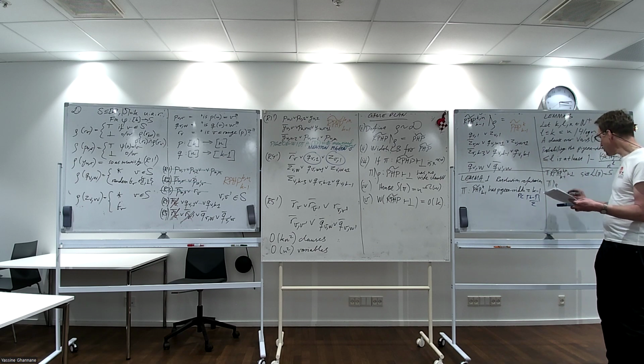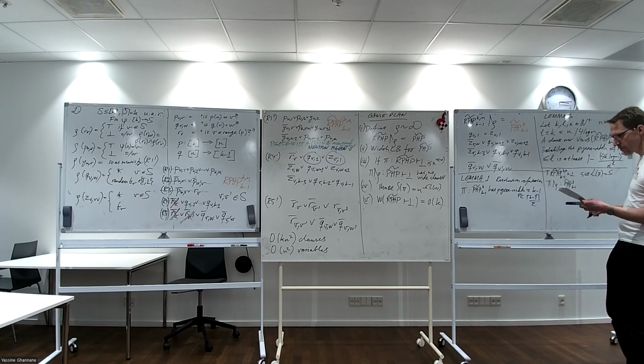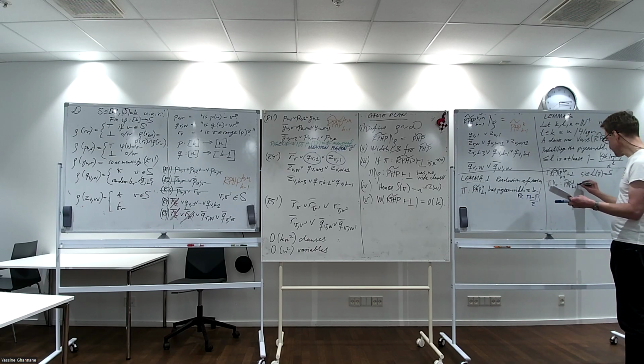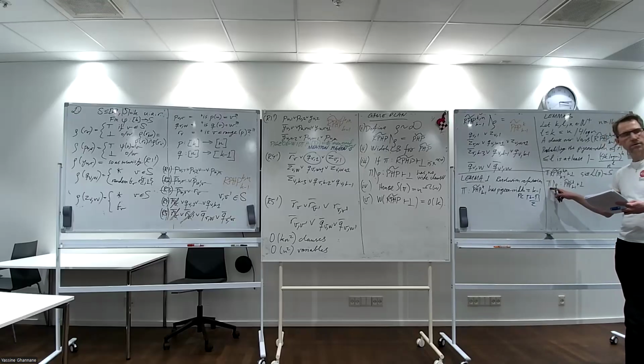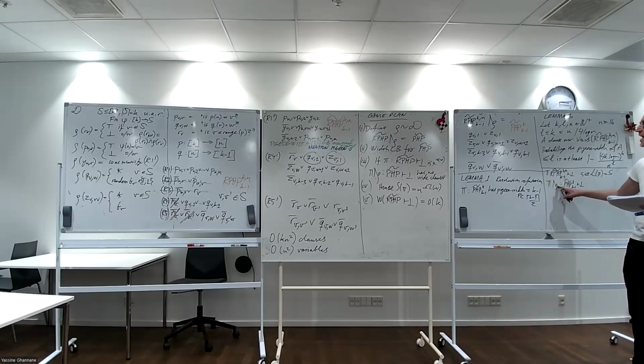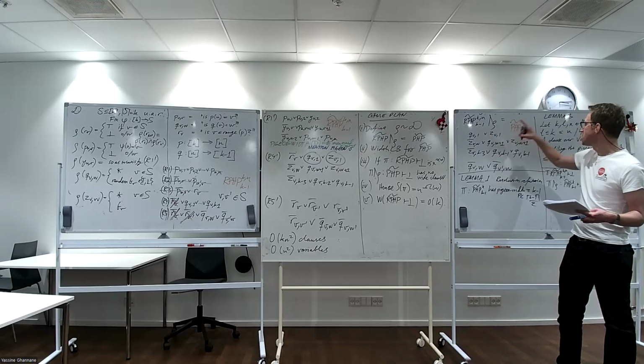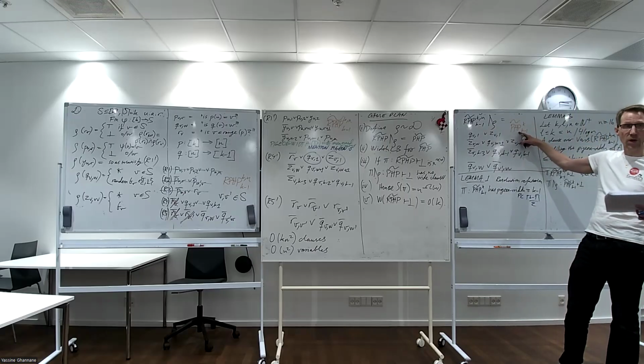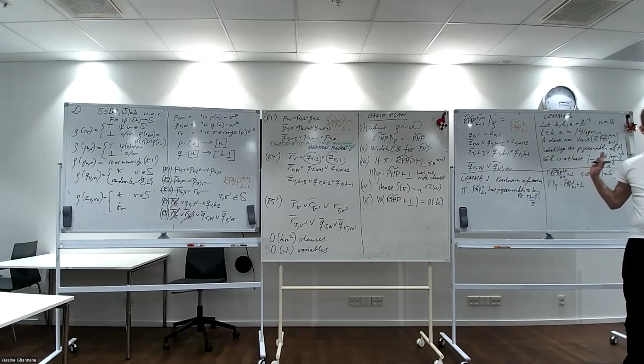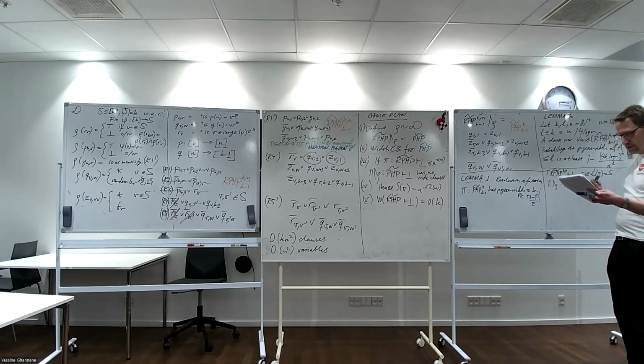Then pi restricted by rho is a refutation of the pigeonhole principle formula with k pigeons and k minus 1 holes, because rho sends RPHP to the pigeonhole principle formula, and restrictions preserve resolution refutations.